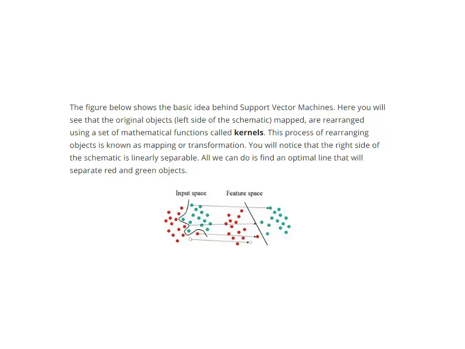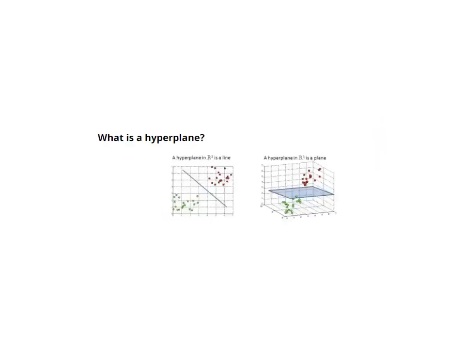You will notice that the right side of the schematic is linearly separable. All we can do is find an optimal line that will separate red and green objects. The goal of support vector machine is to find the hyperplane which separates these two objects or classes.